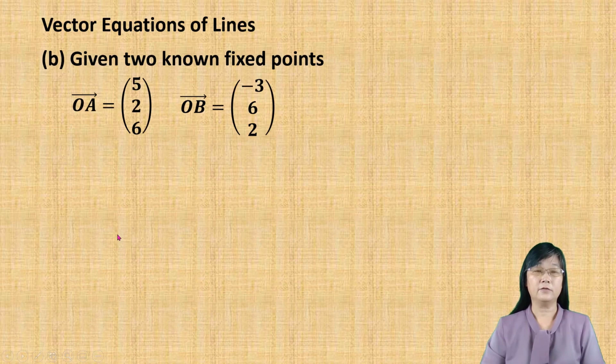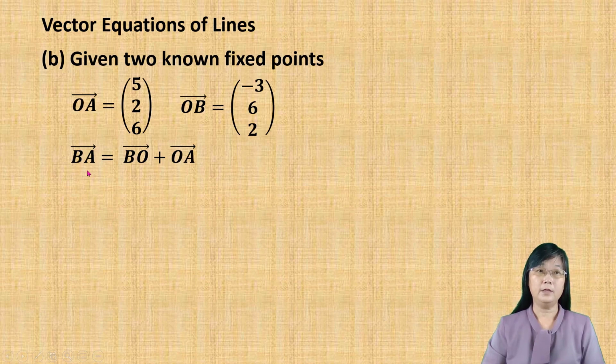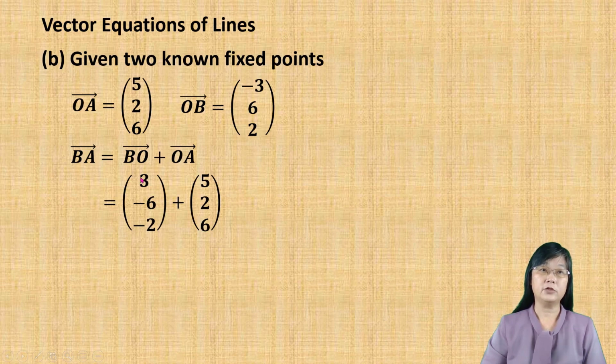When finding the direction vector, instead of AB, I can also use BA, where BA is equal to BO plus OA. Then for BO, we can take from OB. The only thing is we must change positive to negative, negative to positive, because the direction is opposite. So BO is 3, negative 6, and negative 2.